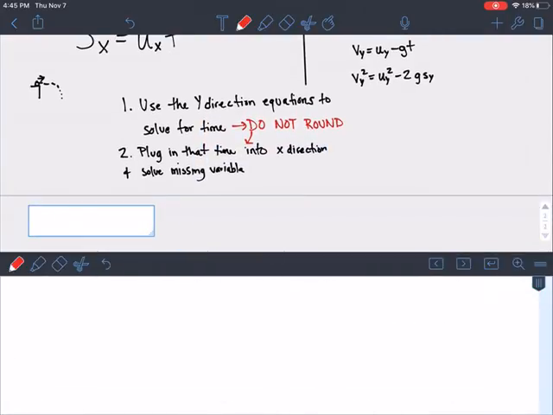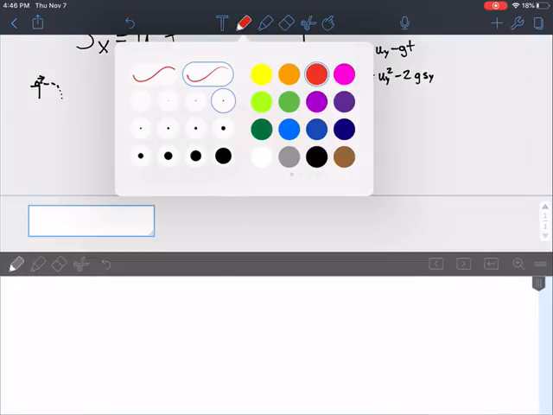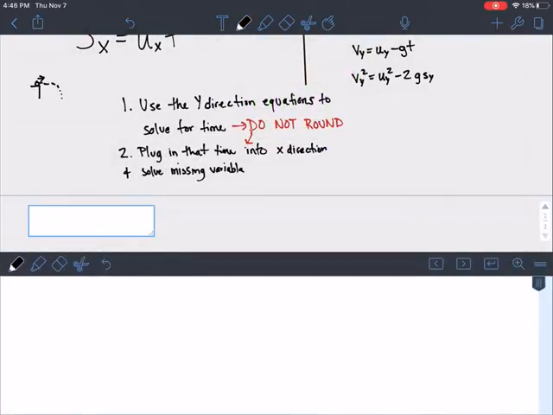All right, so let's look at a problem. Let's say an airplane is going to drop off a box, and we know that we have to be flying at an altitude of 321 meters.